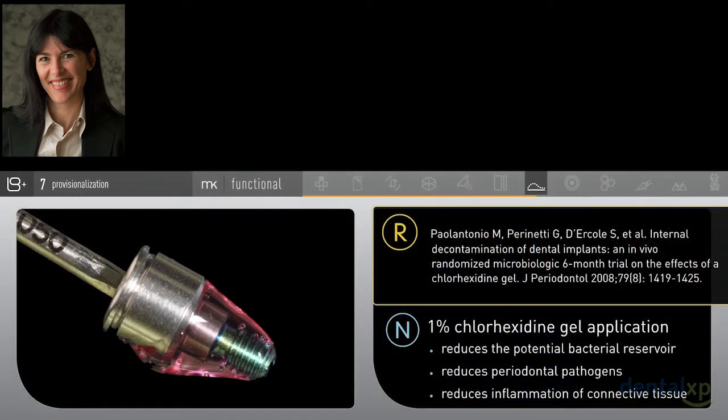So when you talk about tweaking the system, all along the way, we can do little things that accumulate to produce a better outcome. On a healing abutment, I might do something as simple as use a 1% chlorhexidine gel to reduce the bacterial reservoir. I'm going to do the same with my transitional or provisional restorations as well.